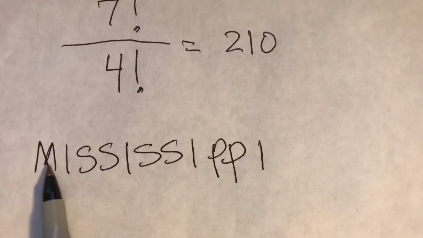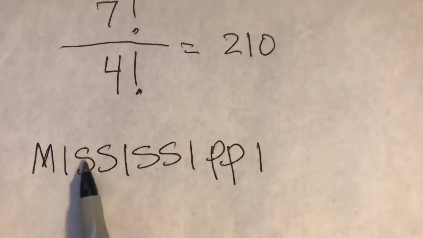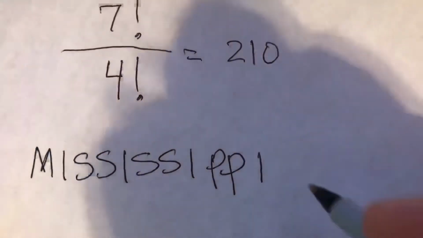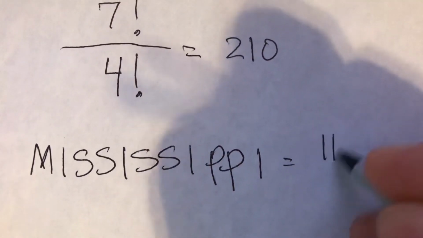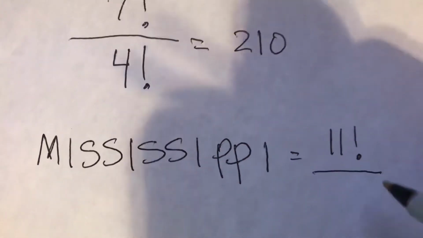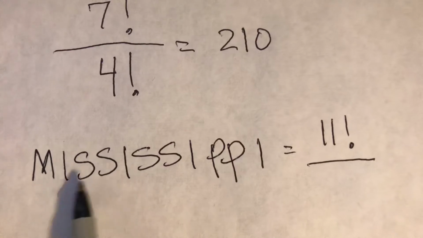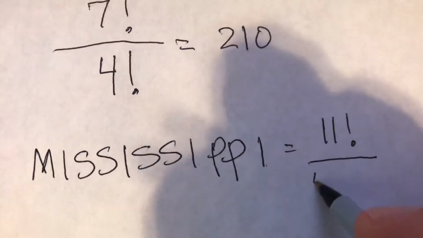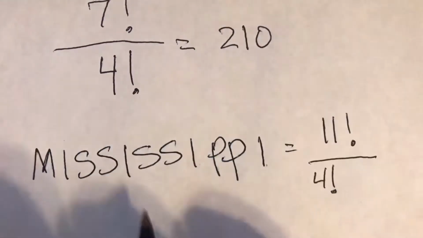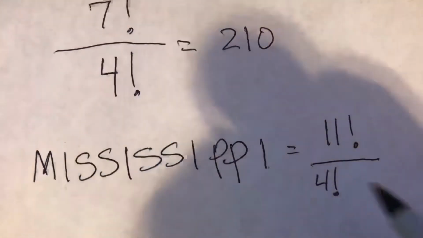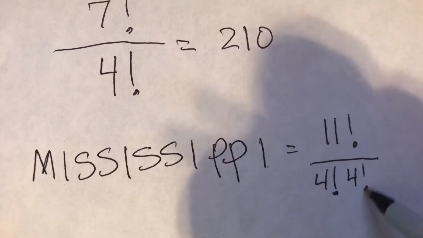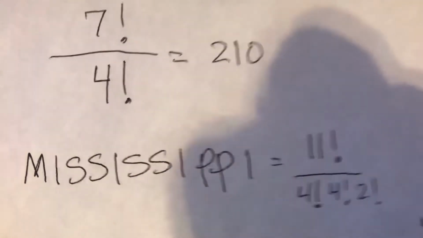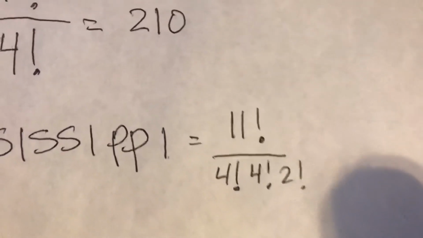Well, how many characters do I have to begin with? 1, 2, 3, 4, 5, 6, 7, 8, 9, 10, 11. This is 11 factorial over, I is in here how many times? 1, 2, 3, 4. S is in here how many times? 4. And P is in here how many times? 2. So we would do this way.